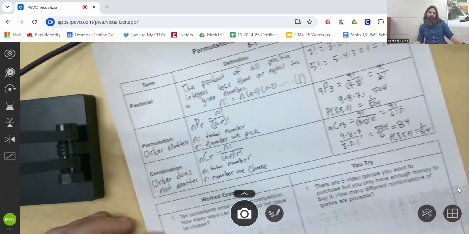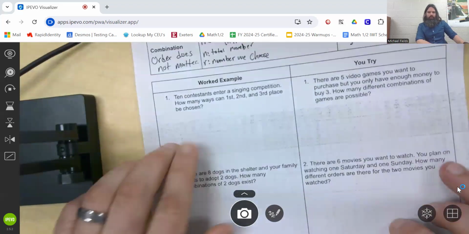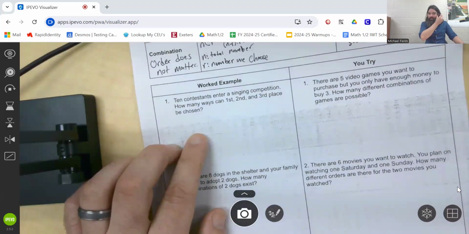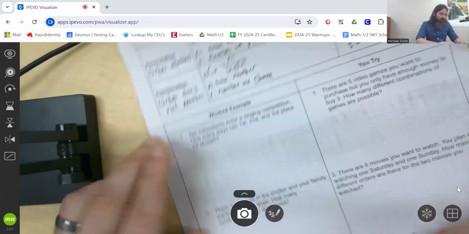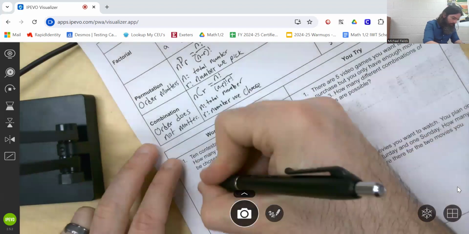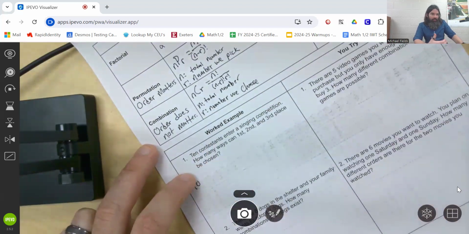Okay, we'll look at a couple more worked examples, and then there are some problems for you to try. So the first worked example: 10 contestants enter a singing competition. How many ways can first, second, and third place be chosen? So we have 10 contestants. The order matters because first, second, and third are different positions.